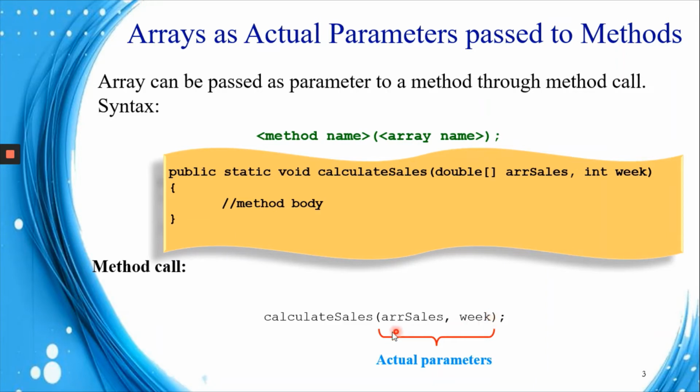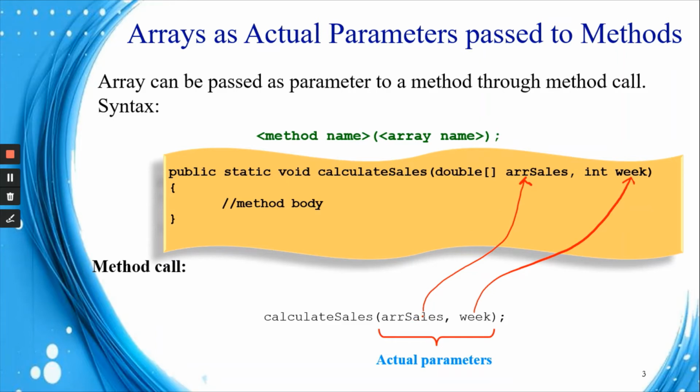Inside the bracket, you write the array name, rSales, and also the week, because we are sending an array and another integer. When we call this method, we are sending an array and we also send week, which is integer data type. Our array is a double data type and our variable here is integer data type.